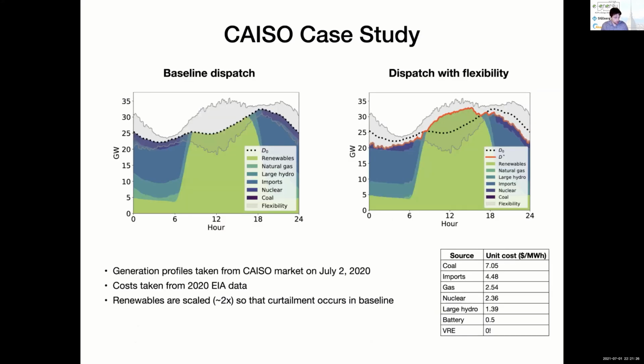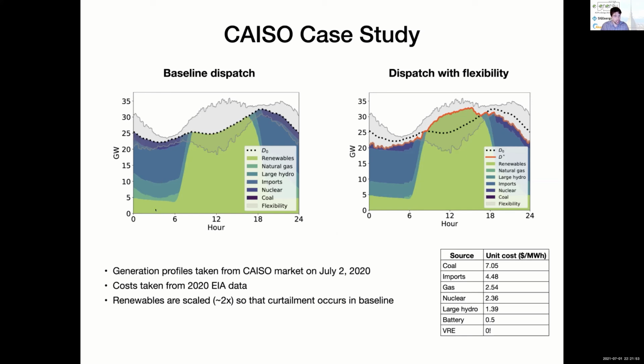All right, so to illustrate this a little bit, make it concrete, I will quickly review a case study that we did on the CAISO market. On the left-hand side is a baseline dispatch of the market, where the dotted line is the consumption on a day from last year, and the generation is represented by these different generation types.